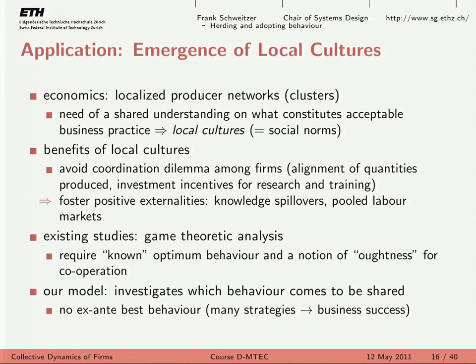So, I hope you understood from the first half of the lecture the following. First of all, there is not always utility calculation of firms. There's also social interaction. So, of course, in this particular case of the bounded confidence model, you could assume an underlying utility, right?